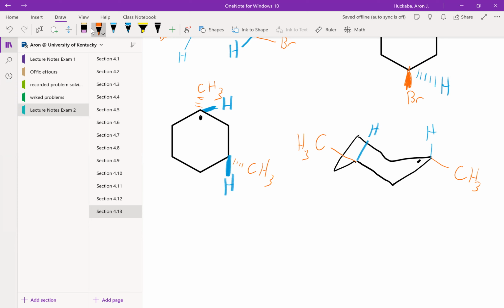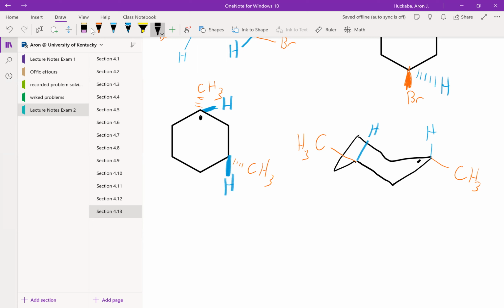So when we're looking at the energy of conformations, we have to be able to do the ring flip that we learned about in section 4.10, I believe, or maybe it's 4.11. Is it 4.11? Or is it? No, it's 4.12.